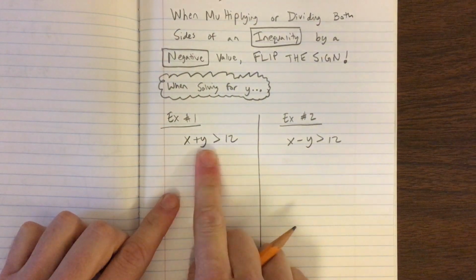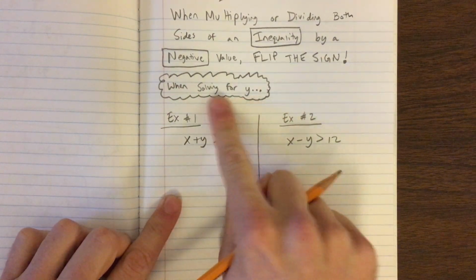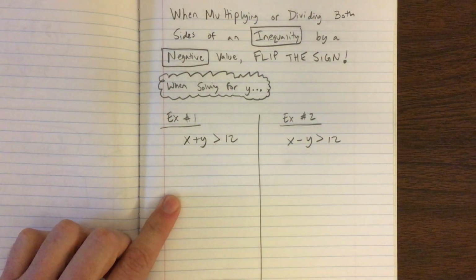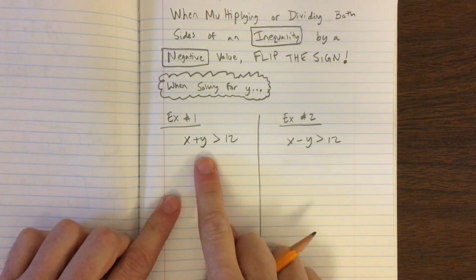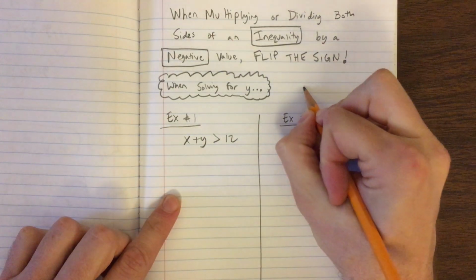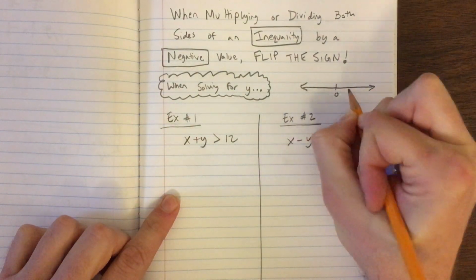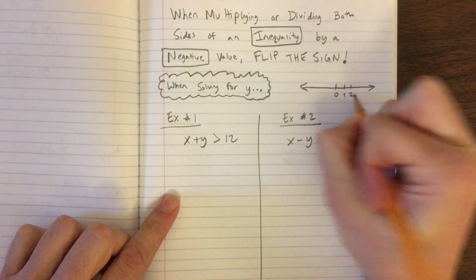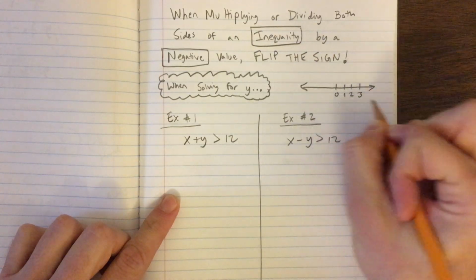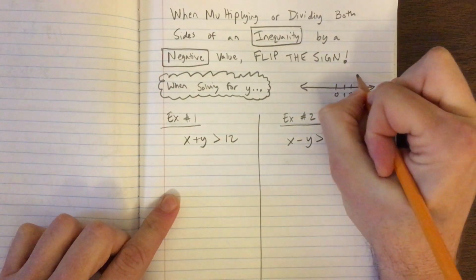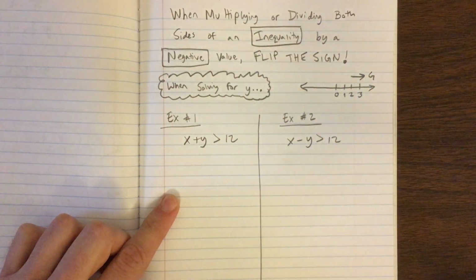So when you encounter negative values, you think way back to the first time you saw a negative number. Let's try to just draw a little note here. So if here's 0 and here's 1, 2, 3, the numbers get bigger, so we're moving in a greater than direction.